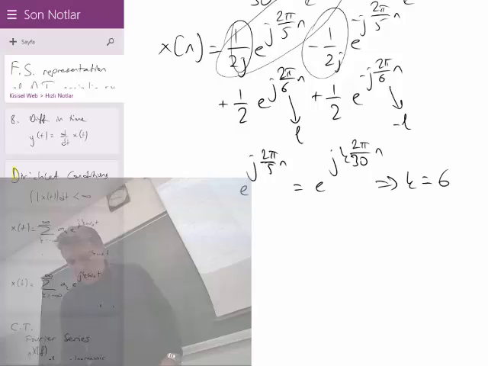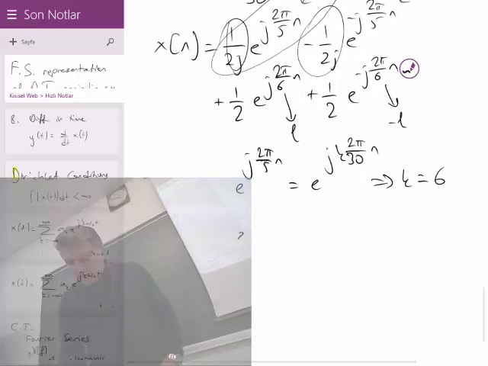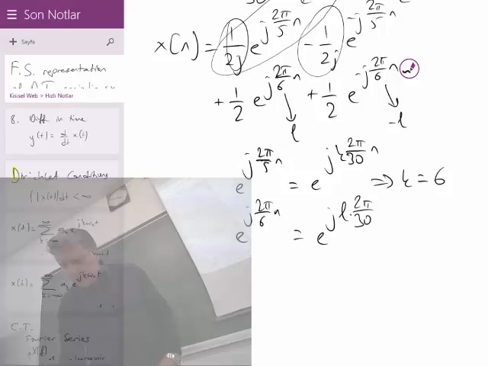Now let's think of the other one. e to the j 2 pi over 6n is equal to e to the j l times 2 pi over 30 n. Now, what is L? 5. It's the same question, as a matter of fact. And this is the fifth Fourier series coefficient, for this 1 over 2.